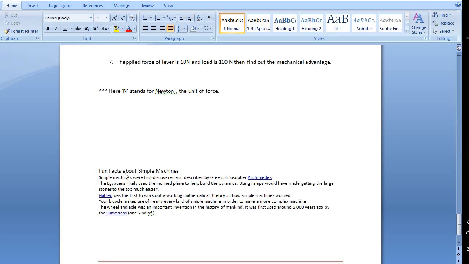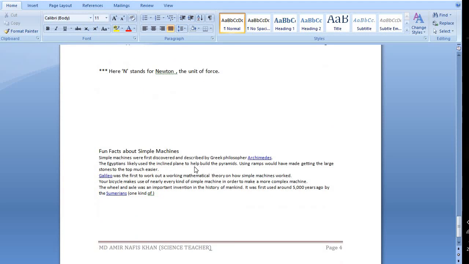And here are some fun facts about simple machines, just for curiosity. Simple machines were first discovered and described by the Greek philosopher Archimedes, the great scientist. The Egyptians used the inclined plane to help build the pyramids, and using ramps made getting the large stones to the top much easier.